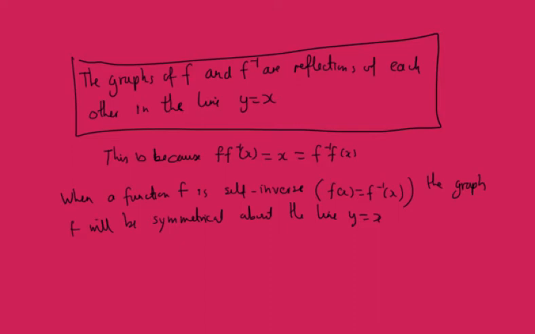So let's look at an example. Let's consider f of x equals x minus 1 squared minus 2 for x belonging to the real numbers, and we're going to look at it in the section 1 less than or equal to x less than or equal to 4.